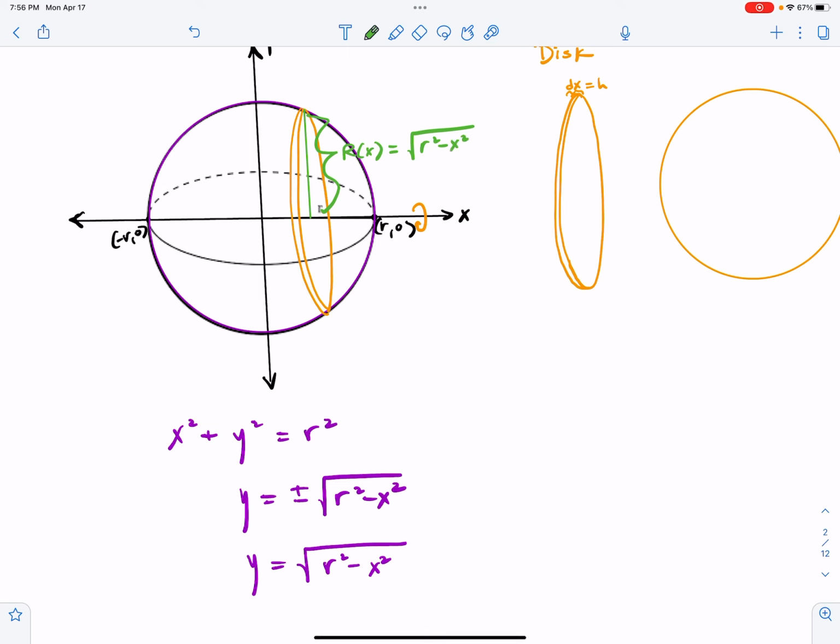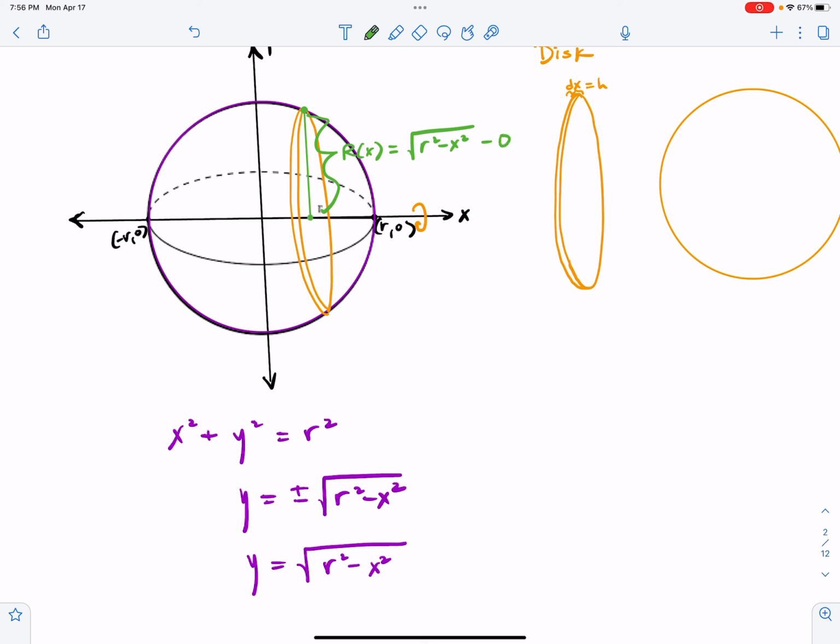And we can also think, well, what if we weren't rotating around the x-axis? What if we were rotating around some other horizontal axis, like y equals 2? So in order to come up with r of x, it's going to be the y value of the point on that curve, which is represented as the square root of r squared minus x squared, minus 0 for y equals 0.